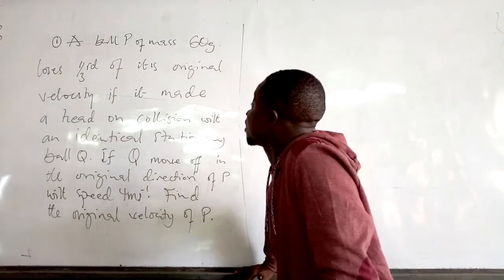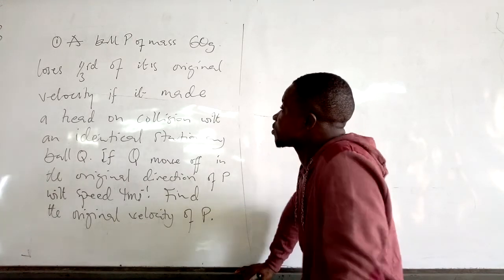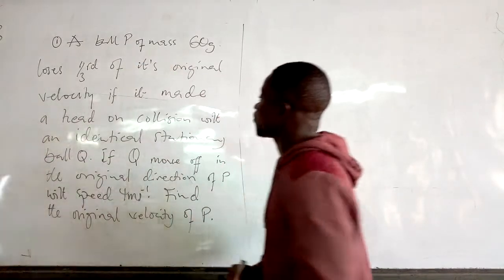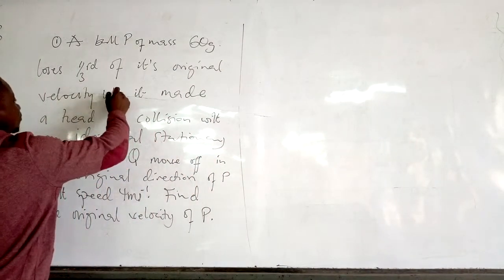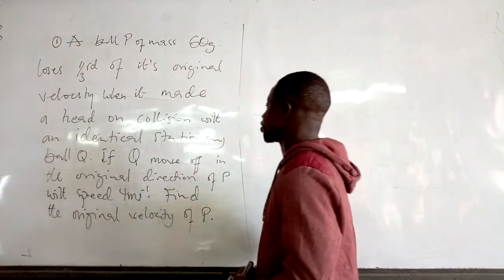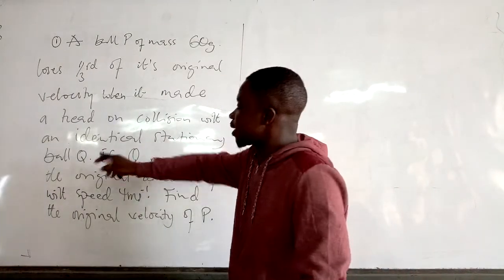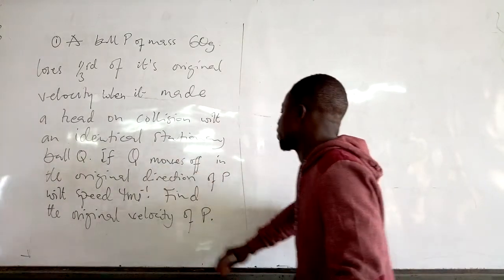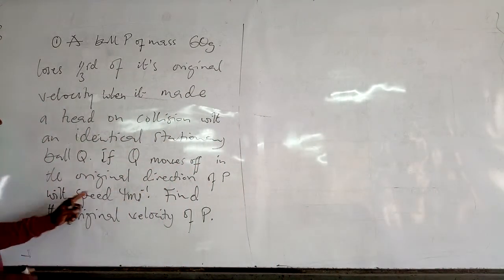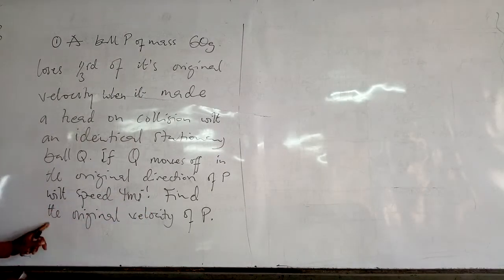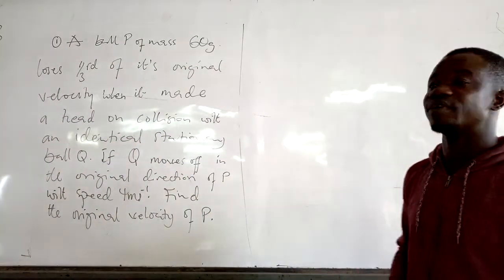A ball P of mass 60 grams loses 1/3 of its original velocity when it makes a head-on collision with an identical stationary ball Q. If Q moves off in the original direction of P with speed 4 meters per second, find the original velocity of P. In other words, the initial velocity of P.